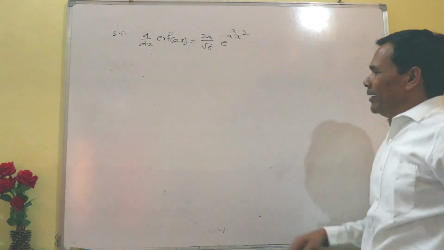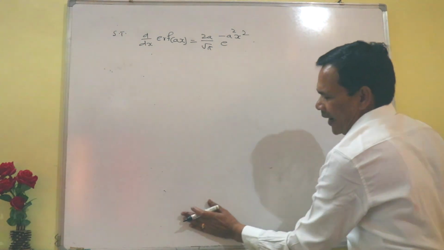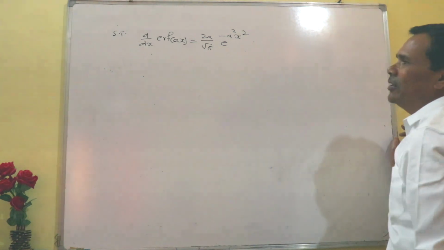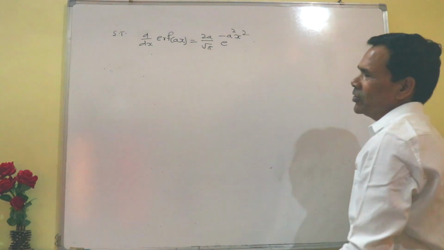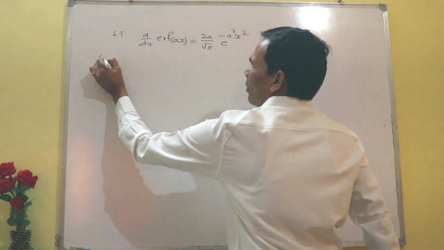So it is the derivative of the error function. How to find the derivative with respect to x of the error function? That is what the problem is all about.